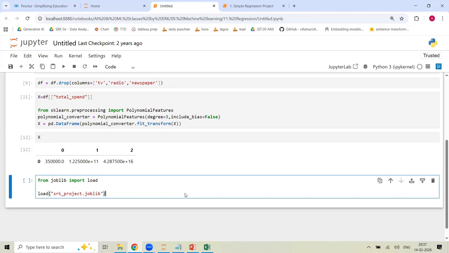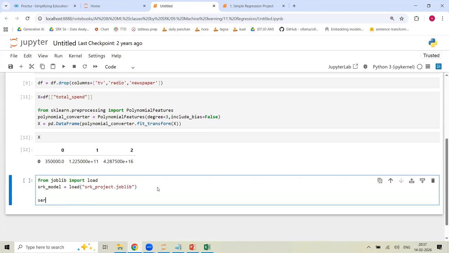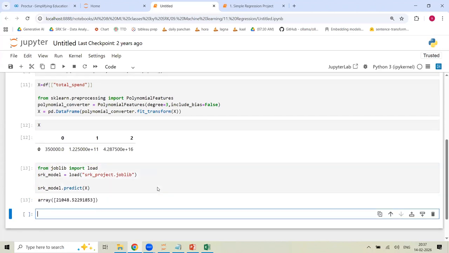That model is called srk model. Now using the srk model dot predict on x, this is the estimated sales. In this way they are going to predict.